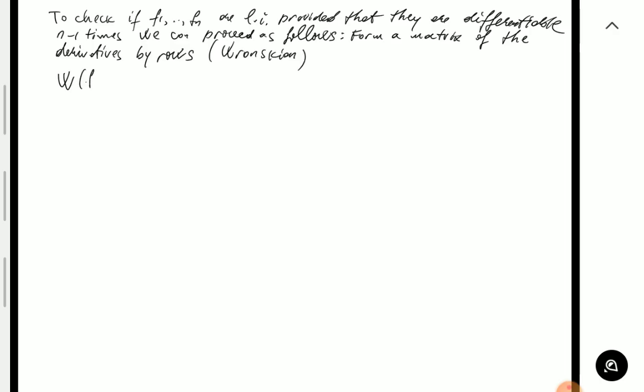The Wronskian of a set of functions f1, f2, fn will have the functions themselves on the first row, the first derivative on the second row, culminating with the n minus 1 derivative on the last row. So that forms your square matrix.